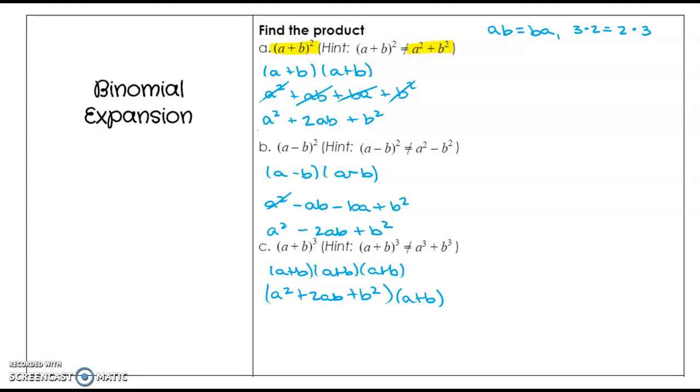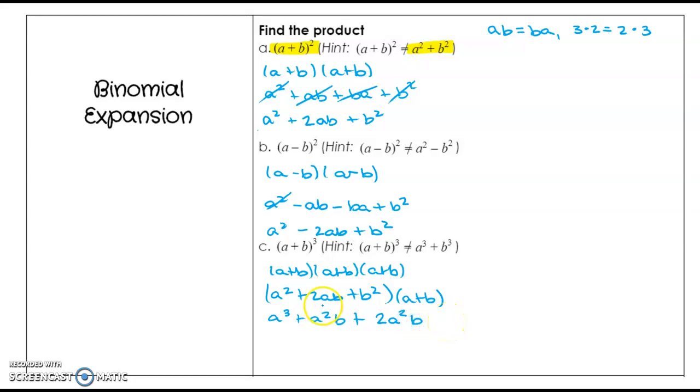And so a squared times a is going to give us a cubed. Then a squared times b is going to give us a squared b, plus 2ab times a is going to give us 2a squared b. So be very careful with that.